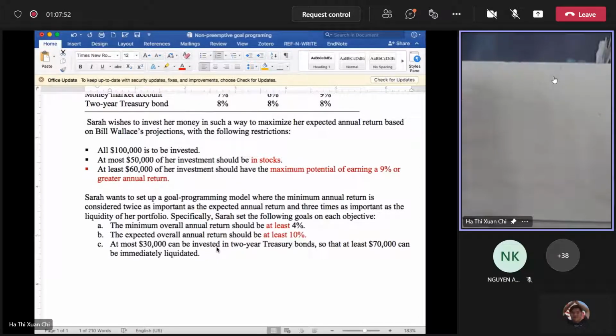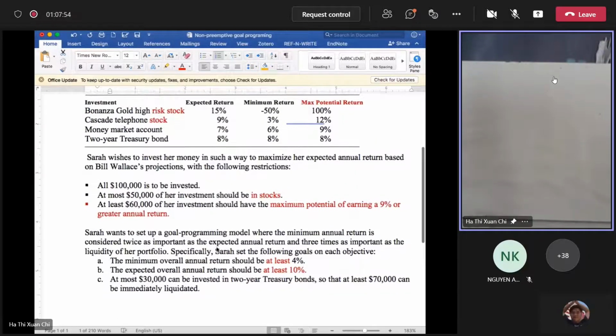Okay, so here we have 4 variables, right? I can write them as B, C, N, and T, representing the 4 investments here, everyone. So her first goal, the minimum overall annual return, should be at least 4% of 100,000.